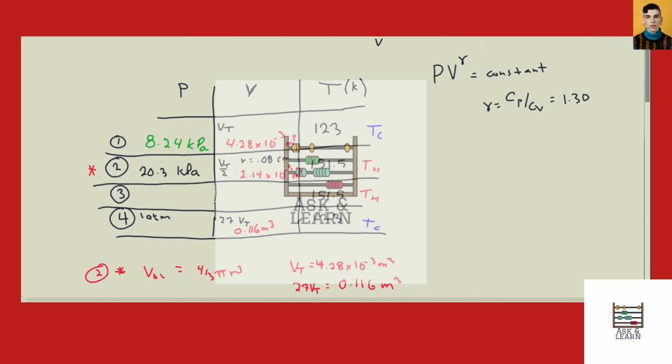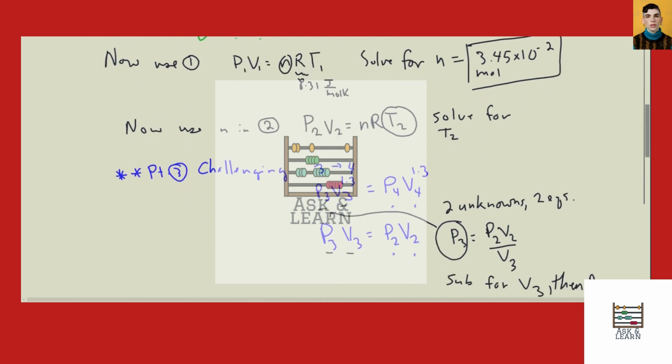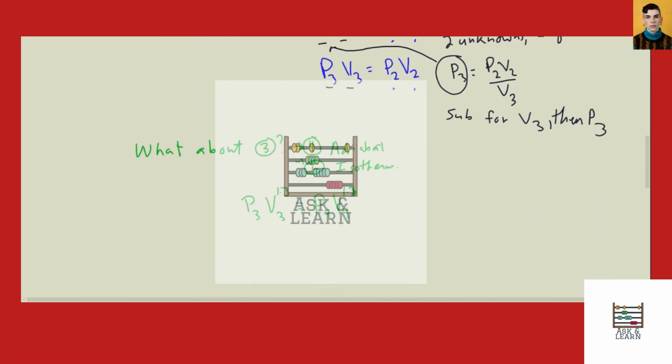But we can use the fact that 4 is connected to 1 through an isotherm. And so we can say that pressure 4, volume 4, is equal to pressure 1, volume 1.